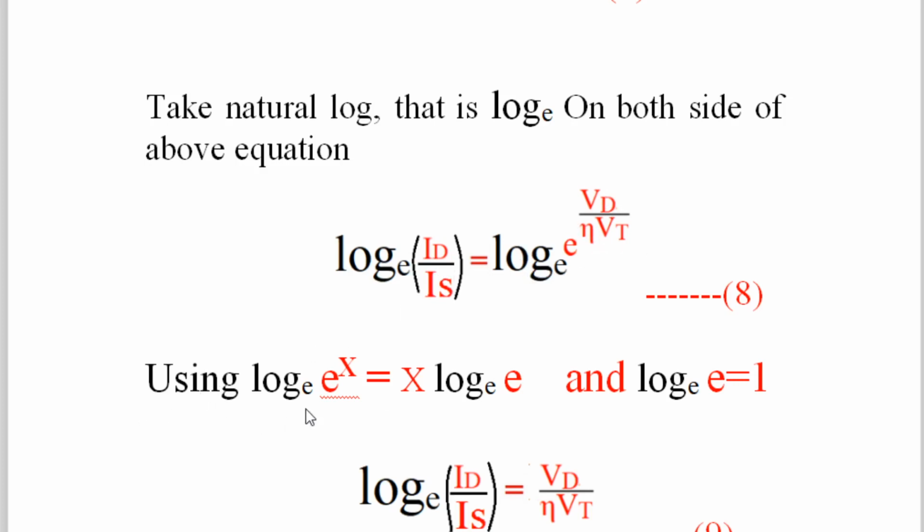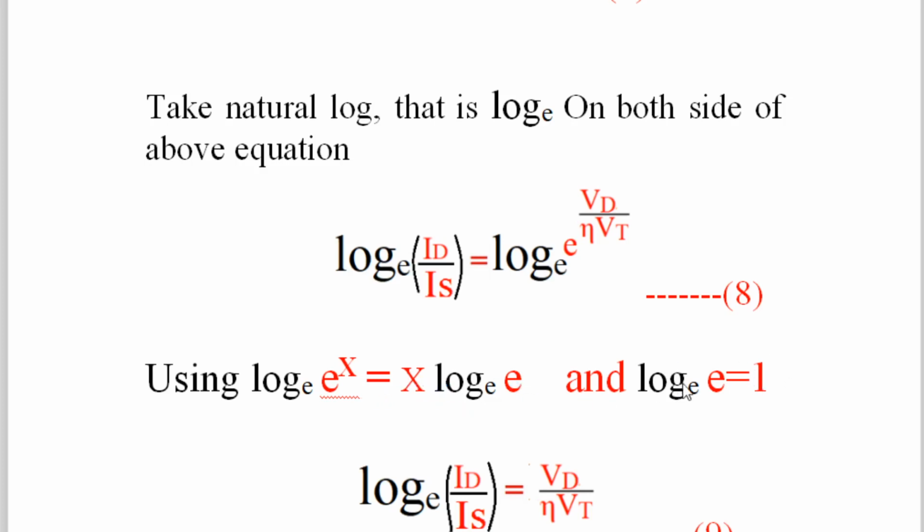Now let us see. Using log to the base e of e raised to x. This you know very well, 12th standard mathematics, log to the base e of e raised to x: this x term will come here, and log to the base e of e is 1. Therefore it will remain as x only.